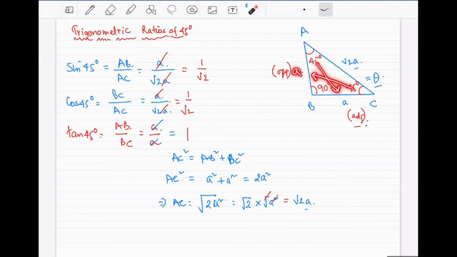That's why we took A. And then once two sides of a right angle triangle are known, we determine the third using the Pythagoras theorem and we obtain root 2A. So out of the two 45 degrees, I took one of them to be theta. This is the opposite, this is the adjacent, and we determine the value of sine, cos, tan by using opposite by hypotenuse, adjacent by hypotenuse, and opposite by adjacent.